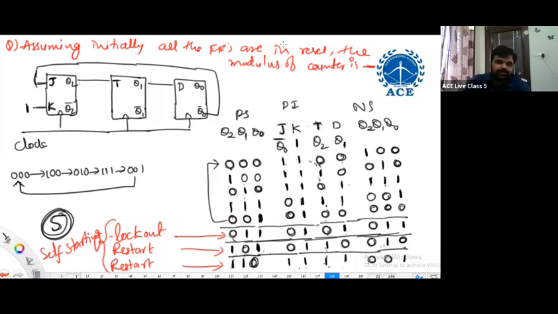Don't get confused. Clear? Still any doubt? Sunita.